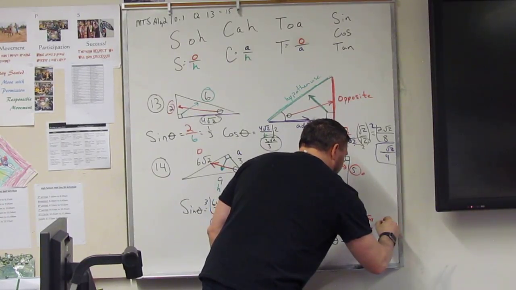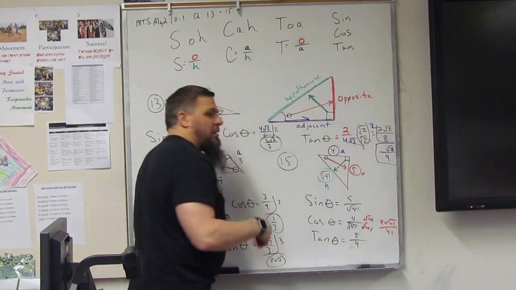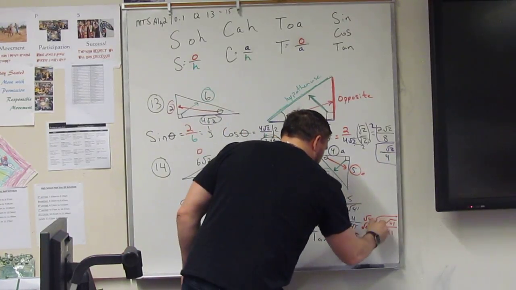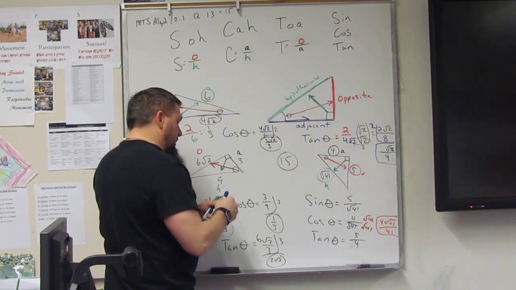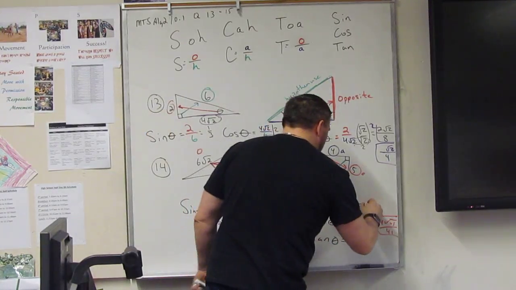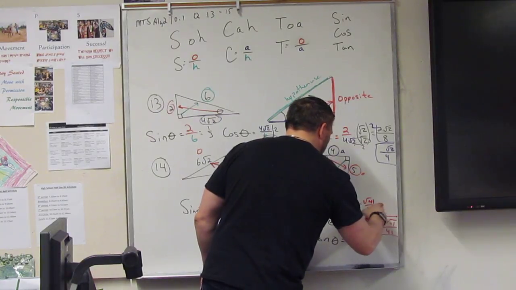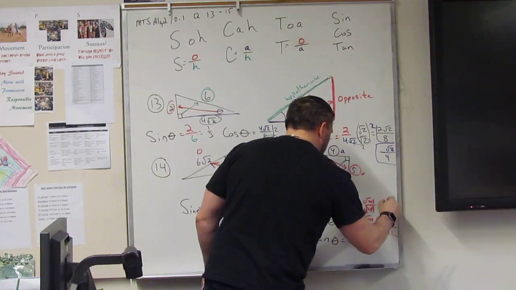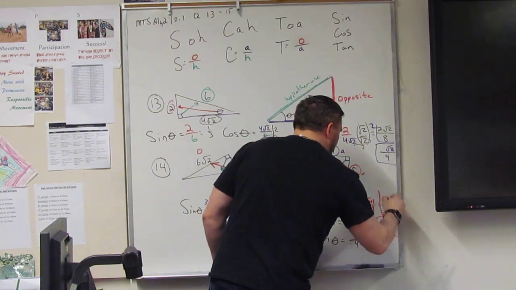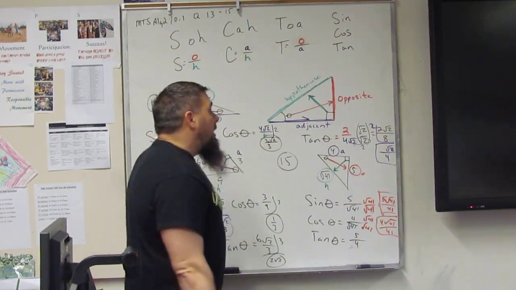So I got 4 square roots of 41 all over 41. 41's prime, so I don't worry about reducing. That's your answer. And then, again, we got to do the same thing to this guy. 41 over 41. Which gives us 5 square roots of 41 over 41. Again, the 41's prime, so we don't reduce it, it's done. And that's SOHCAHTOA.